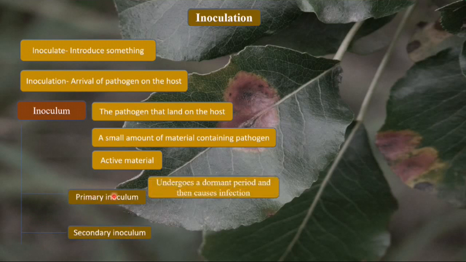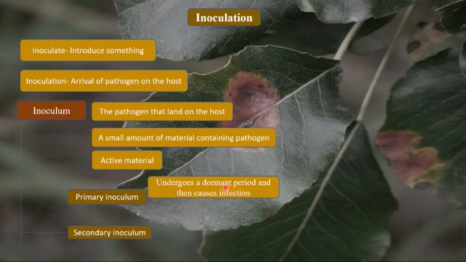So primary inoculum undergoes a dormant period, that is, any primary inoculum will actually undergo a period of dormancy, a period of rest, right? After that period it will cause infection, so it is called primary inoculum.